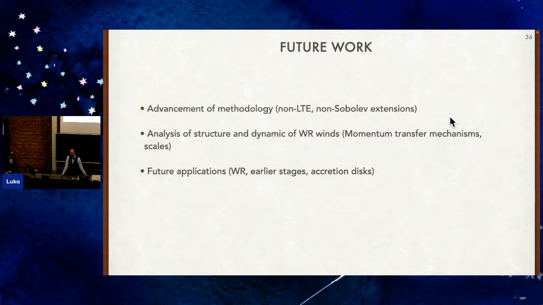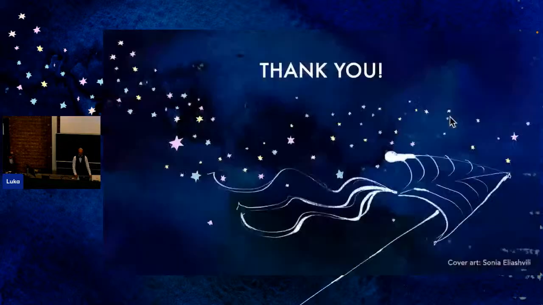Also, it will be interesting to take the techniques that I described to you today and apply them to the study of different objects, such as early type stars, or even disks around stars. With this, I hope I'm on time. I'm missing a bit, and thank you.